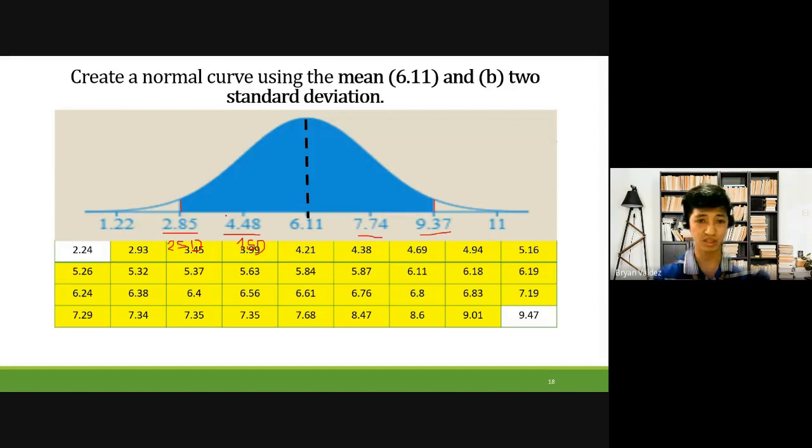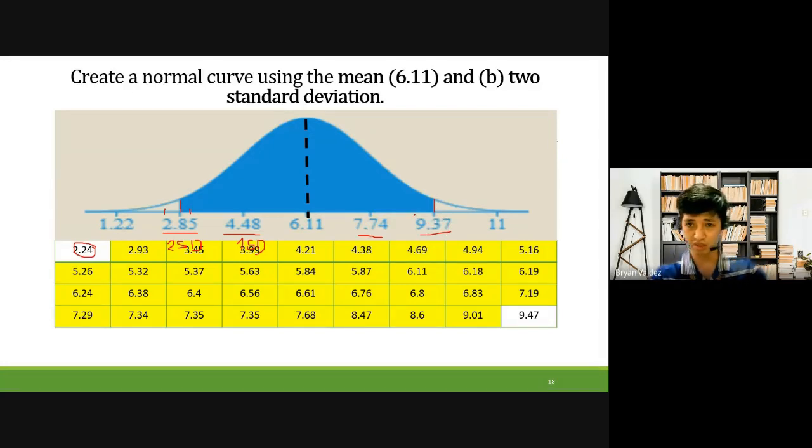Ayan. So, let's analyze 2.85. So, 2.24 is not included. Why? Kasi yung 2.24 is somewhere here, dun sa unshaded area. So, let's start with 2.93. So, 2.93 is somewhere here, no? So, included na siya. Up to 9.01, yes, kasi ang ating limit ay 9.37.